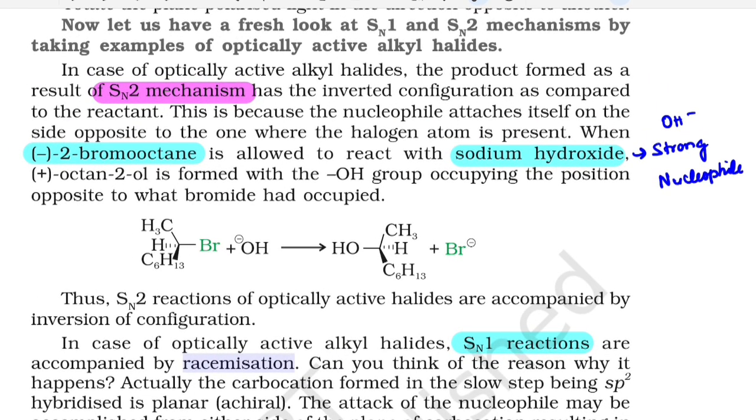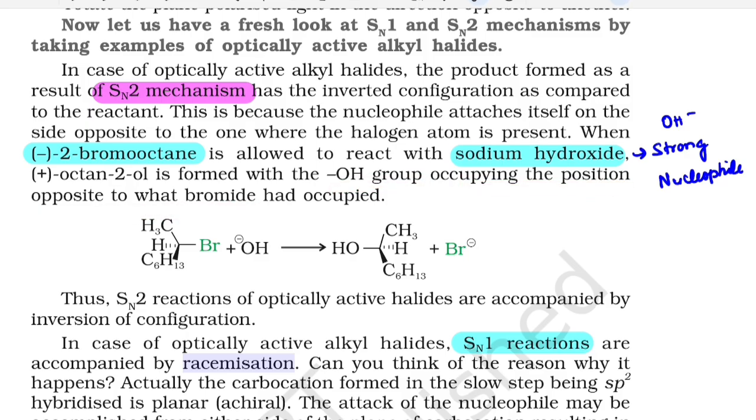In the first one, this is the example: 2-bromo-octane. 2-bromo-octane is allowed to react with sodium hydroxide, then you can see octan-2-ol is formed with the OH group occupying the position opposite to that which bromide had occupied.